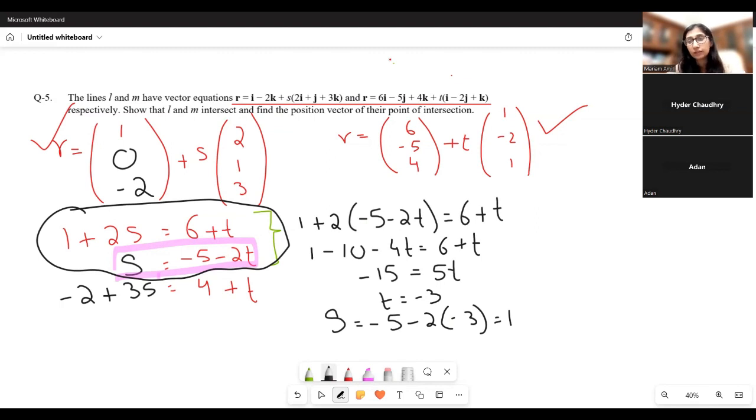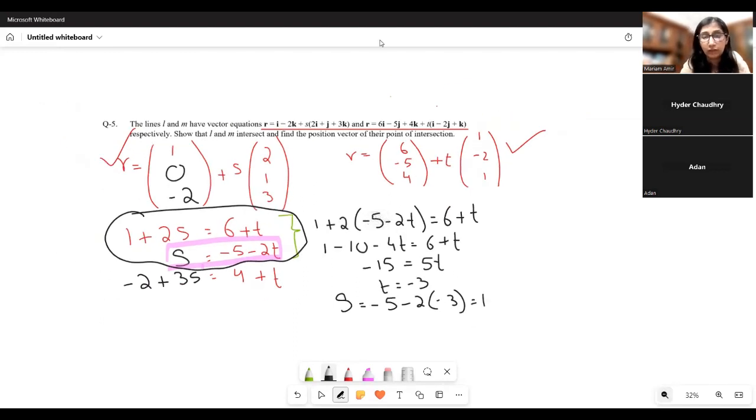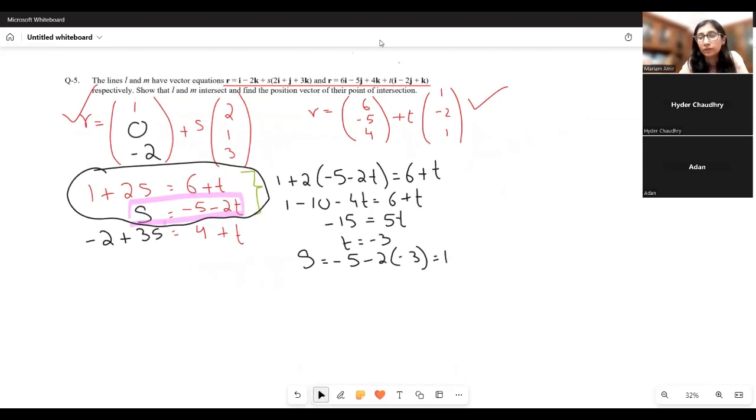So it's always the third coordinate that tells you whether the lines are intersecting or not. So the third one is different if they are not intersecting. Now the first two should always be the same. Okay, and if not, that means you've made a mistake.